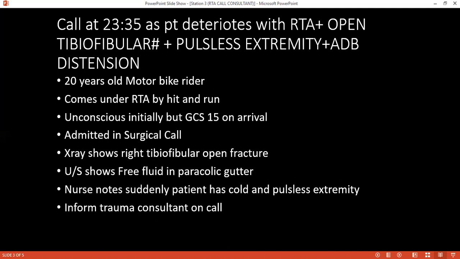What's the cause of pulselessness of the foot? I think it's a vascular injury due to the open fracture. My other differential could be compartment syndrome, but as the patient has an open fracture, that is least likely.